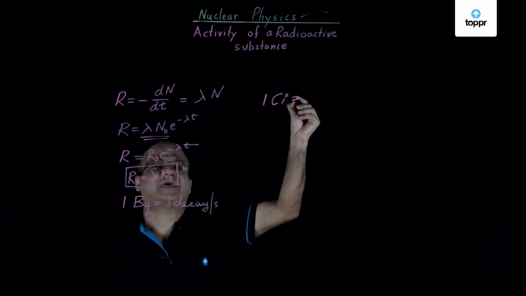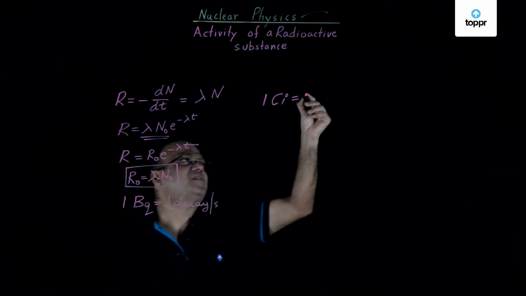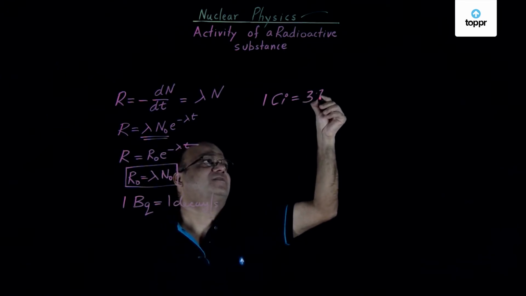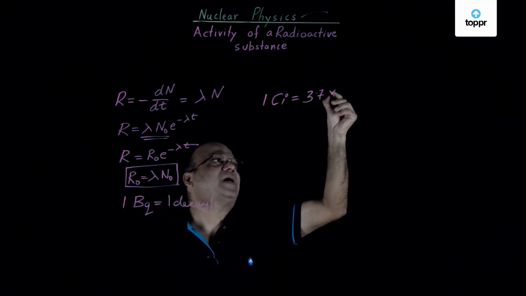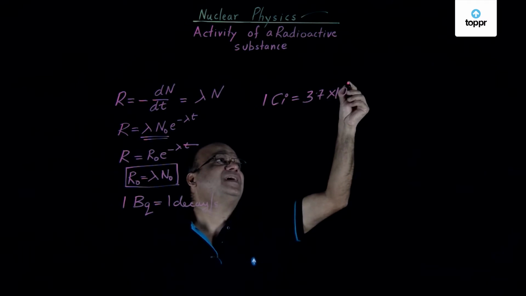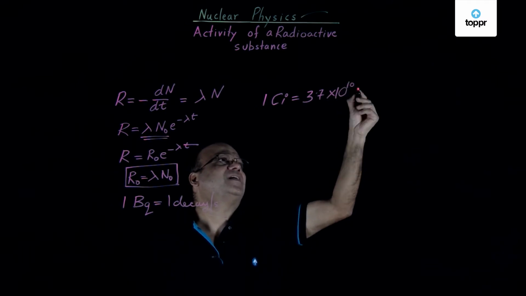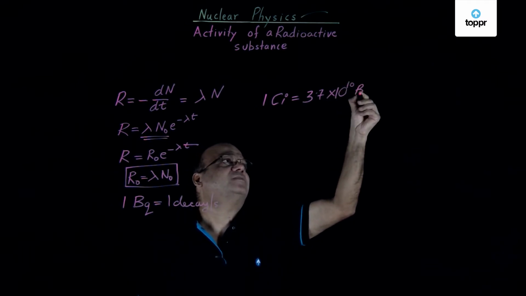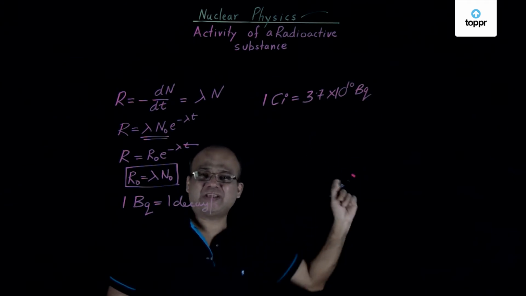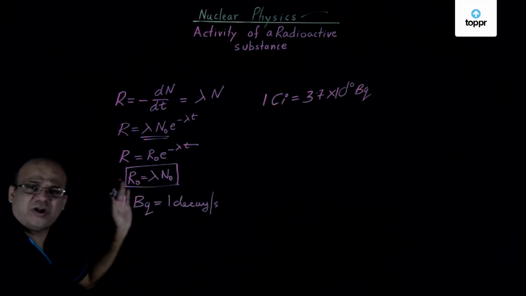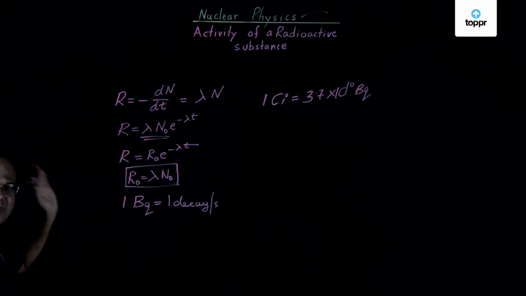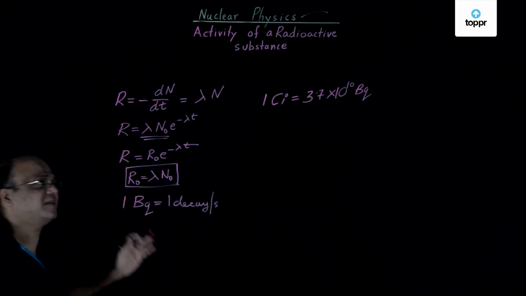This is really big. This number 3.7 is big, multiplied by 10 to the power 10 decays per second, or becquerel. So 1 curie is 3.7 into 10 to the power 10 decays per second.